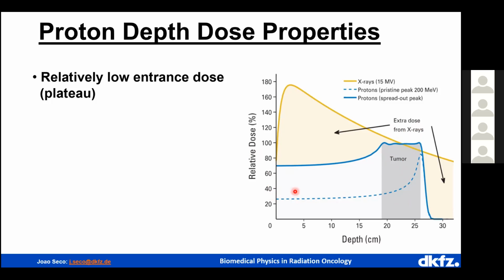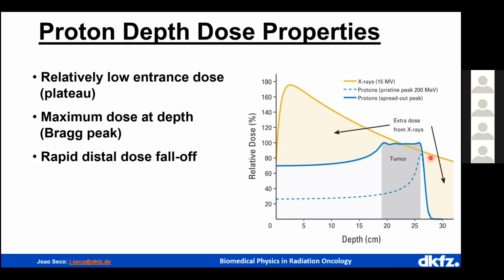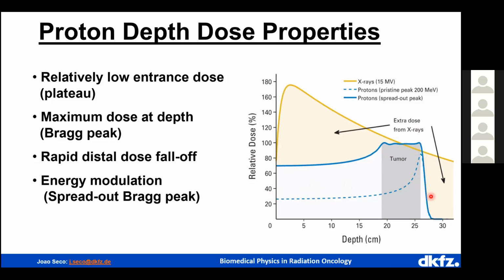You have a low entrance dose, and this allows you to really reduce the radiation at the entrance. You have your maximum peak that was proposed by Robert Wilson. You have your rapid fall off of the dose right here. And you have your energy modulation that produces the spread out Bragg peak. And you have approximately an RBE of 1.1, which is very similar to photons, which is excellent.